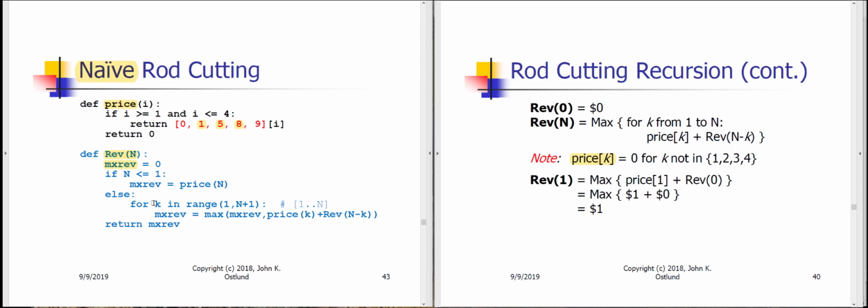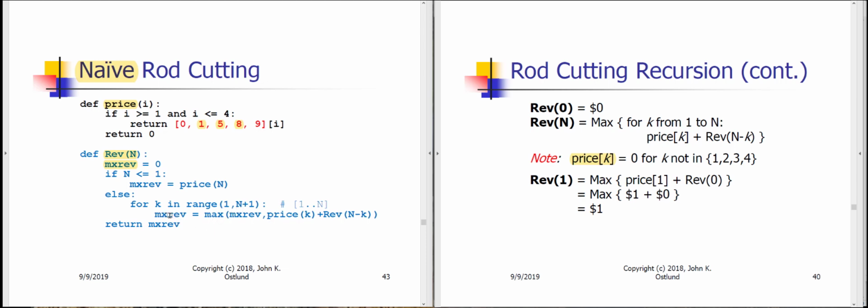Okay, so if n is at least 2, we're going to loop from 1 foot up to, but not including, n plus 1 feet. All right, so in other words, if n is 2, we're going to loop from 1 up to, but not including 3, 1 and 2, in other words.